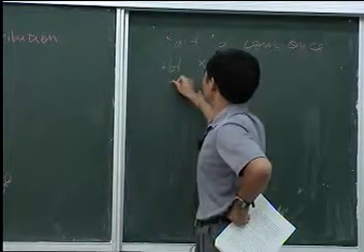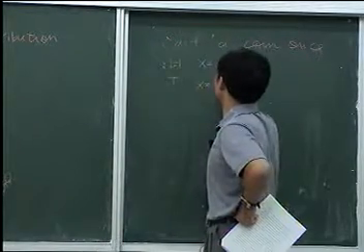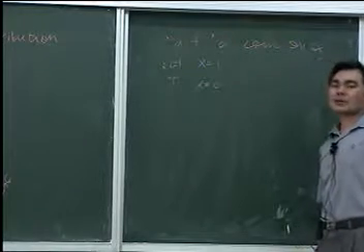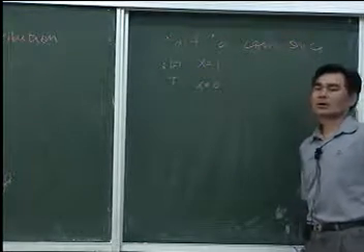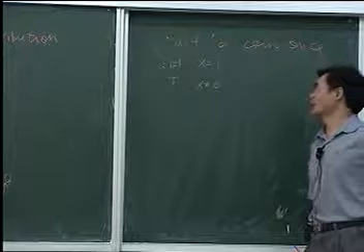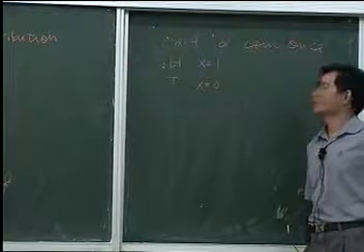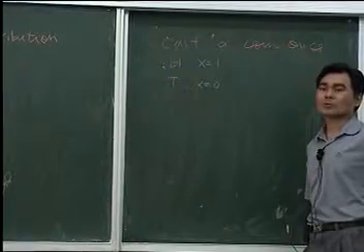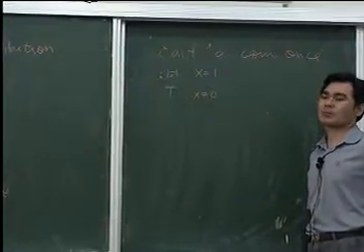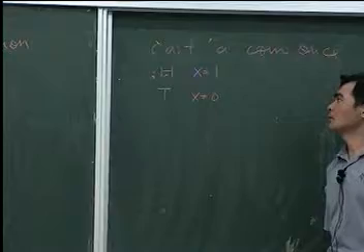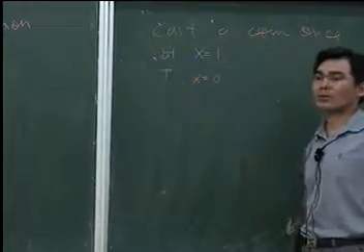When it is tail, then X is equal to 0. If we cast a coin, the probability you get head is 0.5, and the probability you get tail is also 0.5.